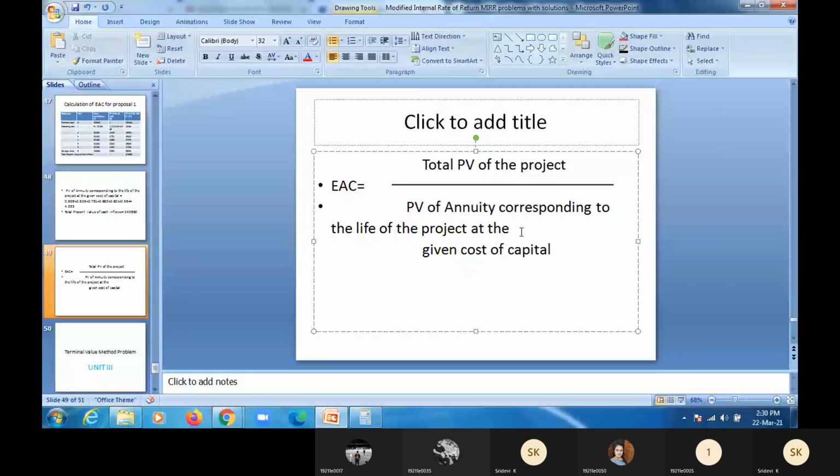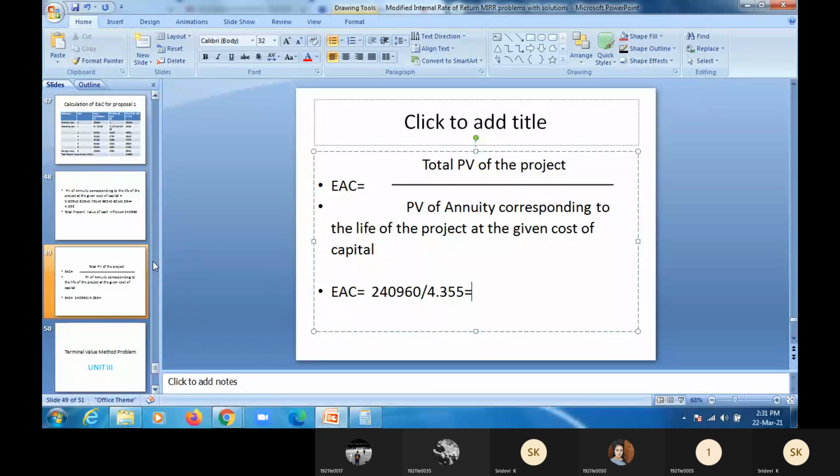Substitute the values here. EAC is equal to 2,40,960 divided by 4.355.